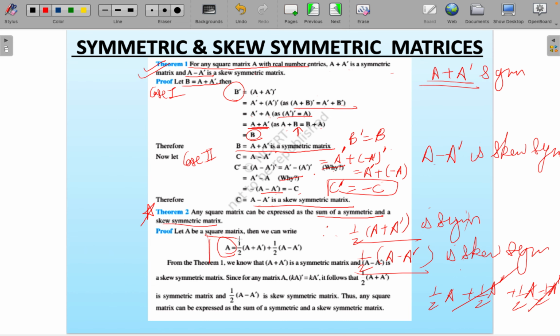We are getting a square matrix A which can be expressed as this symmetric matrix and this skew symmetric matrix. So hence we say that any matrix can be expressed as a sum of symmetric and skew symmetric matrix. That is all the concept which you need to solve the next exercise.